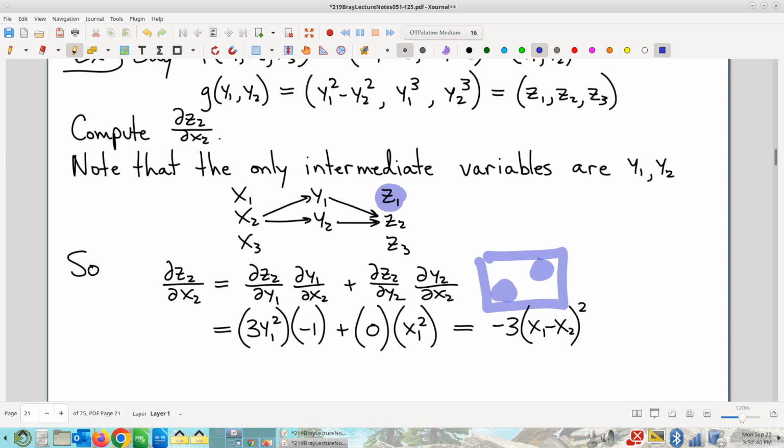Z1's not an intermediate variable. It's obviously not an intermediate variable if you're looking at the diagram, right? But if you don't have a diagram, you're just like, I guess I need to consider all paths, and Z1's a variable, and you can see how without a diagram, someone might be tempted to think that is an appropriate term to write down. And likewise, maybe a Z3 term or something like that. And that just doesn't make any sense.